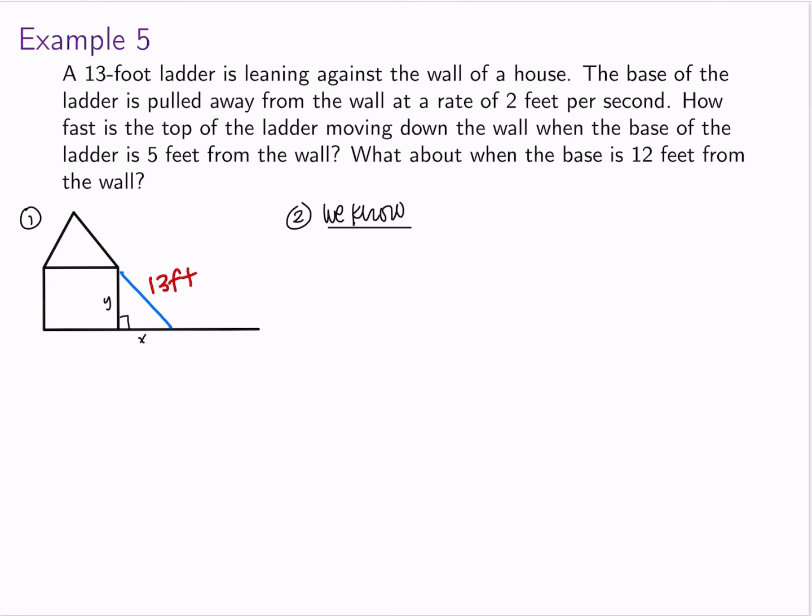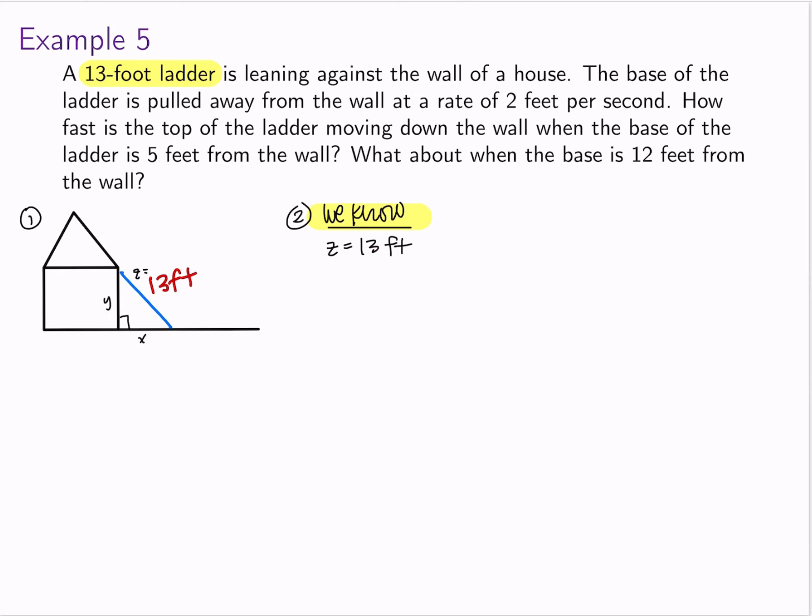Well, we know that this is a 13-foot ladder, and the size of the ladder doesn't change. This isn't like, it didn't tell us it's one of those telescoping ladders that gets bigger and smaller. It's just a 13-foot ladder. So we need something to represent that. So let's maybe call that Z. So Z is 13 feet. That makes sense. X, Y, and Z is our pieces there.